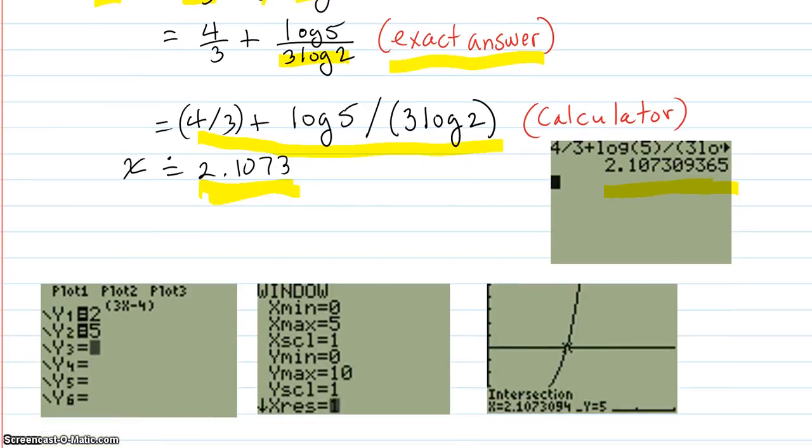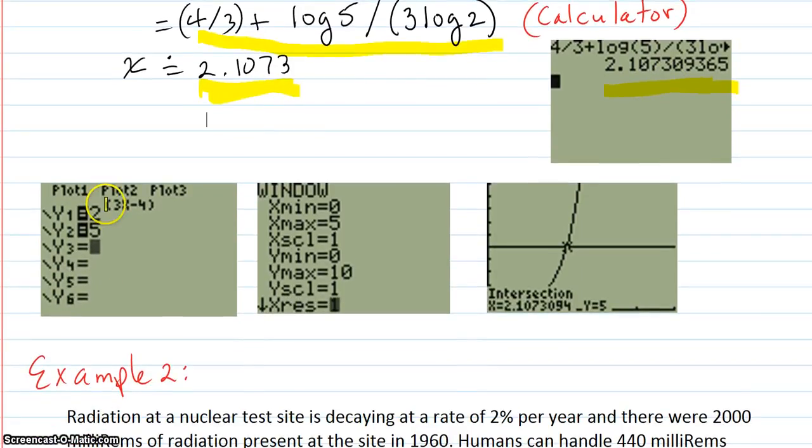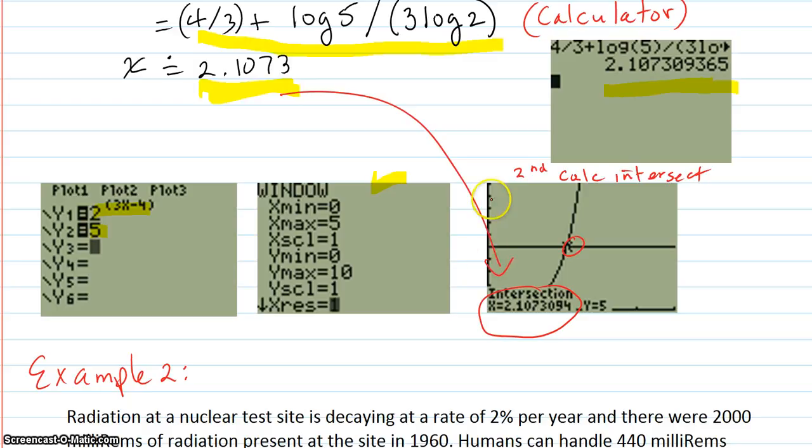Okay, and then graphically, you put the function on the left in, the number on the right, choose a decent window to be able to see the intersection, do a second calc intersect, as we've done millions of times, and it gives you this point right there, which is the same number as we did by hand.